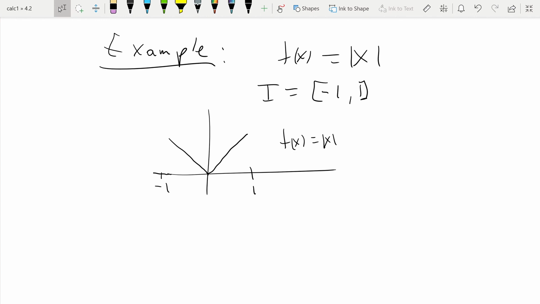And you see that f of 0 equals 0 is a minimum. And what is the maximum? F of 1, which is the same as f of minus 1, which is 1, is the maximum value. So these are the extreme values. It attains the absolute minimum once, and the absolute maximum twice.